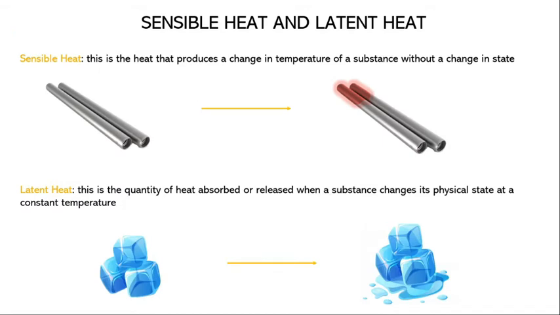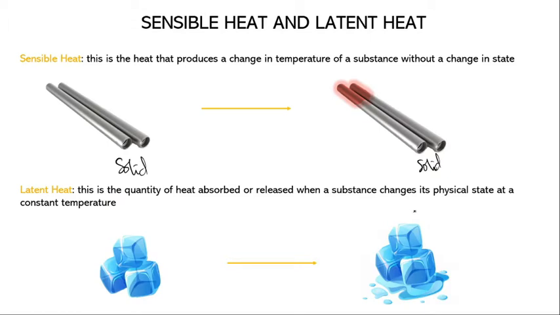Alright, so we want to look at what sensible heat and latent heat are. Sensible heat is the heat that produces a change in temperature of a substance without a change in state. In the example I gave over here, we have a solid metal bar, and at the end we still have a solid.